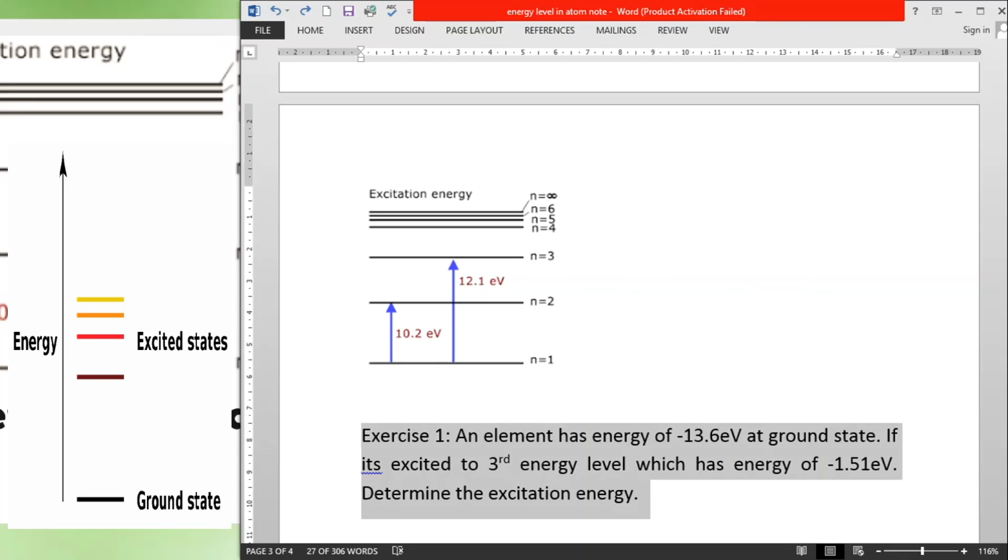Now let's look at an exercise. An element has an energy of minus 13.6 electron volts at ground state.